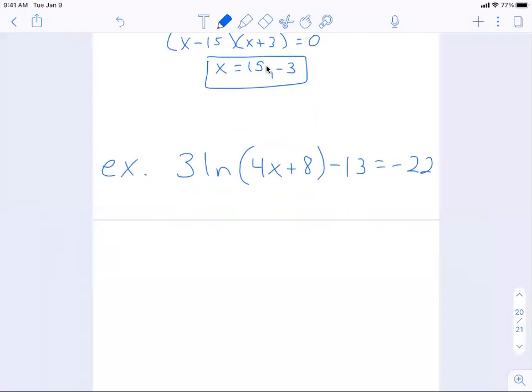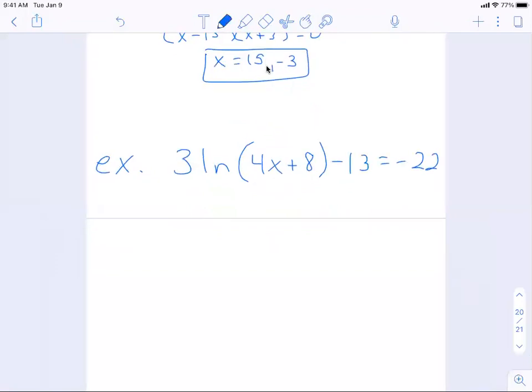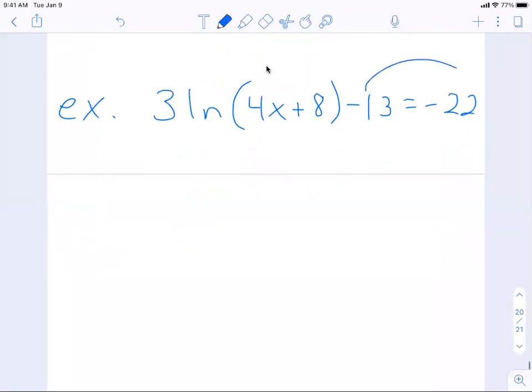We're going to solve this. We want to get the log part by itself first. So using just our regular algebra, we'll move the negative 13 over. We add 13 to both sides. So we have 3 natural log of 4x plus 8 is equal to negative 9. I added negative 22 plus 13.